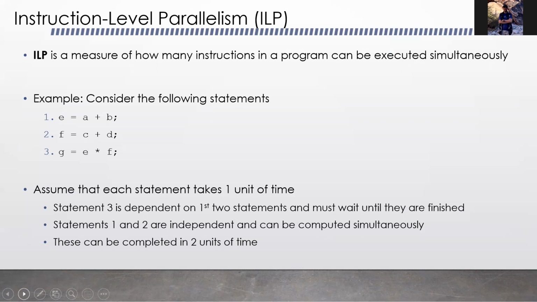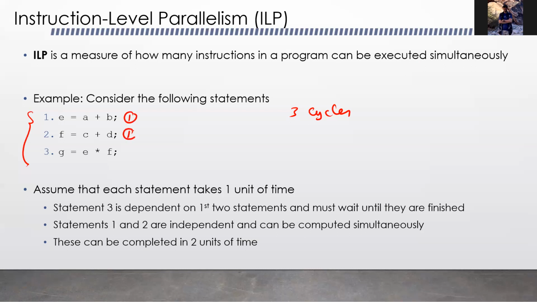So with no pipelining, if we have 3 instructions like this, and each one, for example, takes 1 cycle, then we're going to use 3 cycles. But with pipelining, if we have some circuits that can execute each instruction in parallel, this will take 1 cycle.